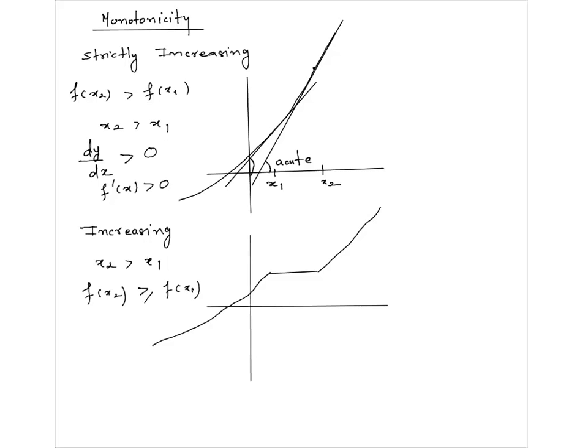You can do it by the definition approach also. F dash x at a point is given by f of x plus h minus f of x divided by h, limit h tending to 0.